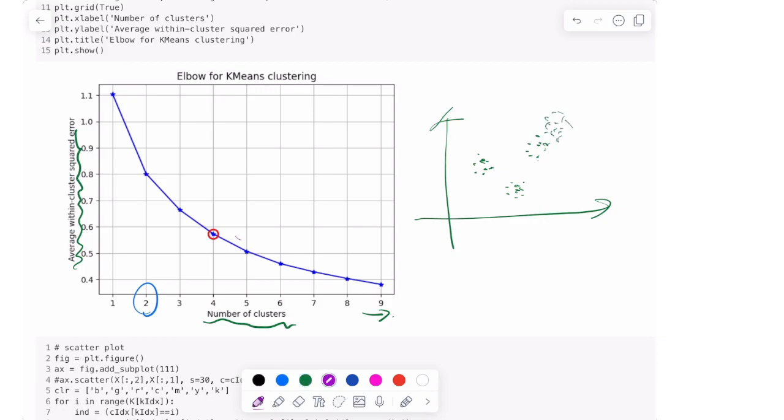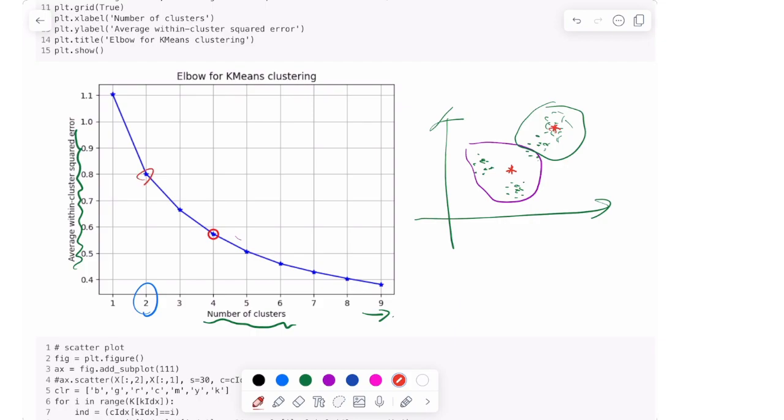The cluster may look like this, and then we have 2 central E. But as human beings, we know it makes no sense because it looks like 3 clusters, not 2.